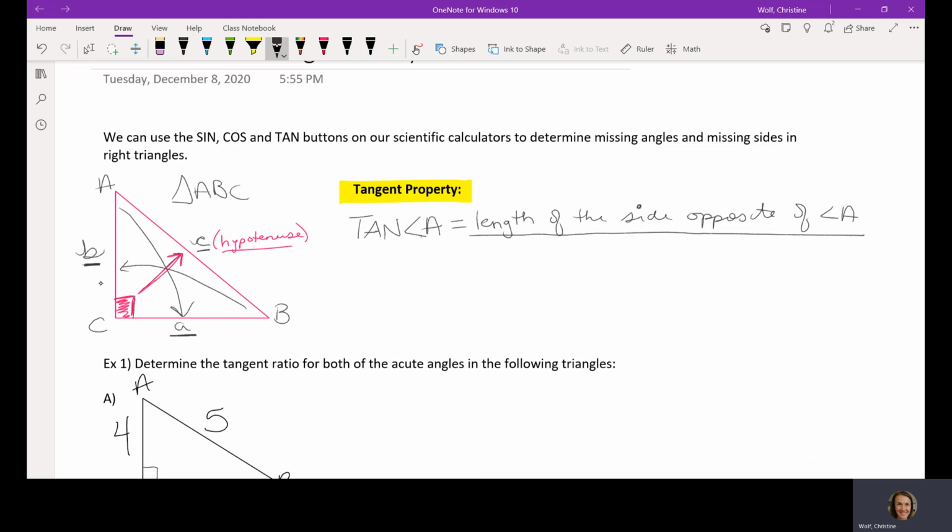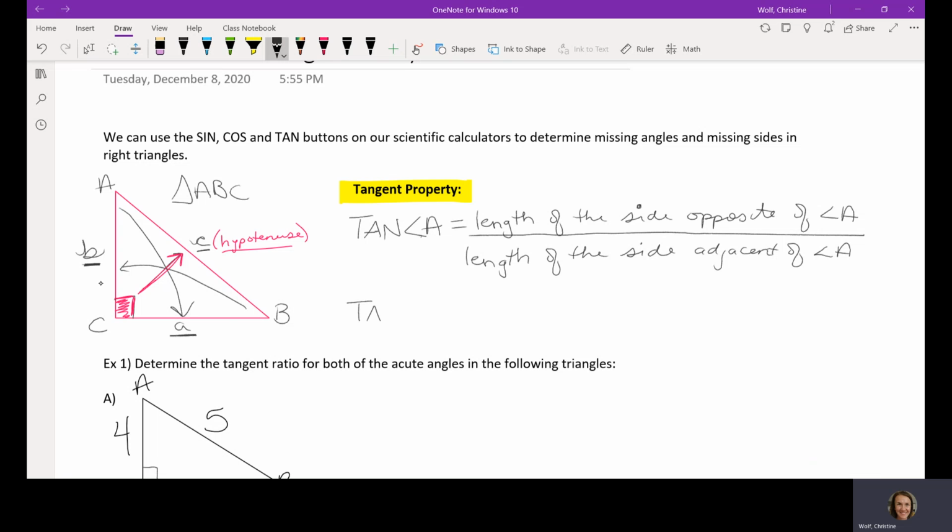So whatever the length is of the side opposite of angle A. And then we're going to divide that by the length of the side adjacent of angle A. I know that kind of seems complicated.